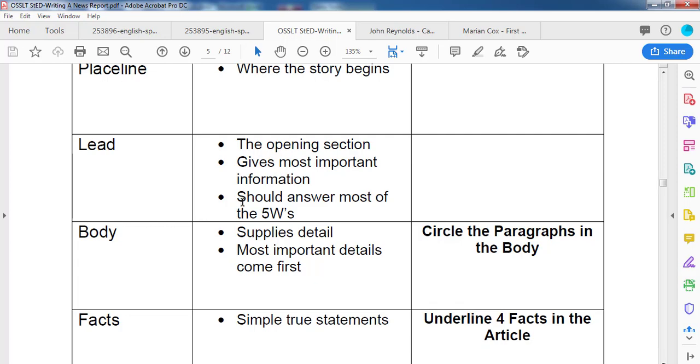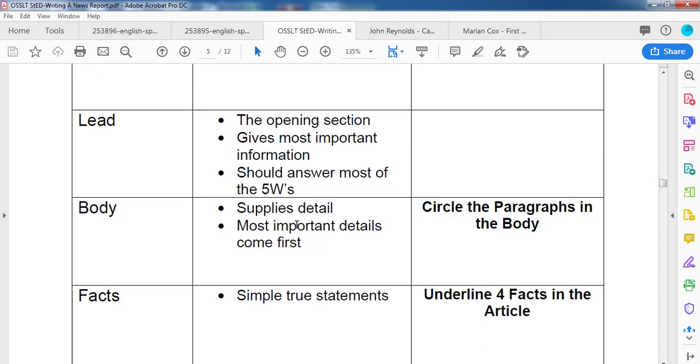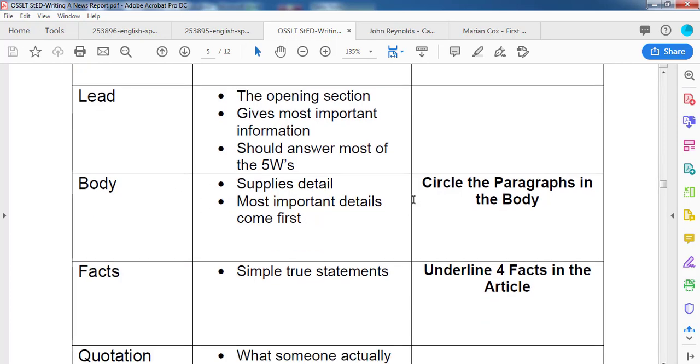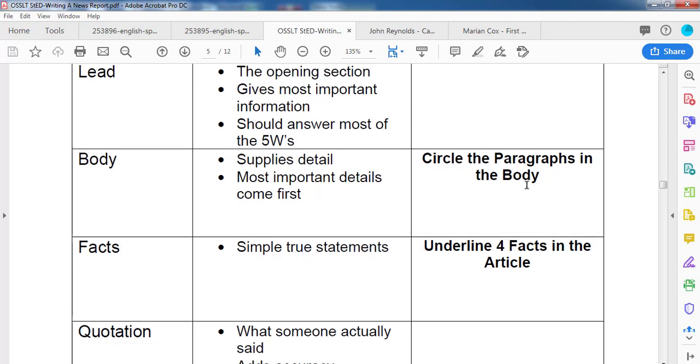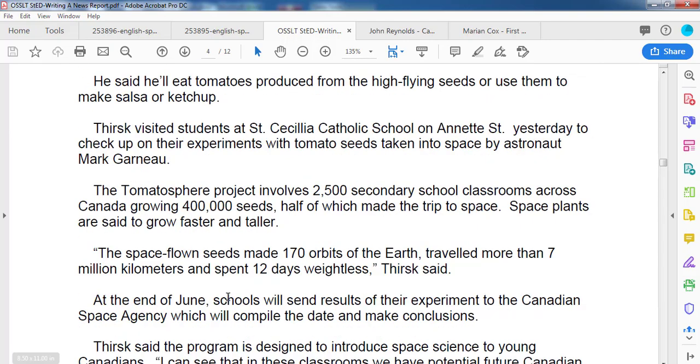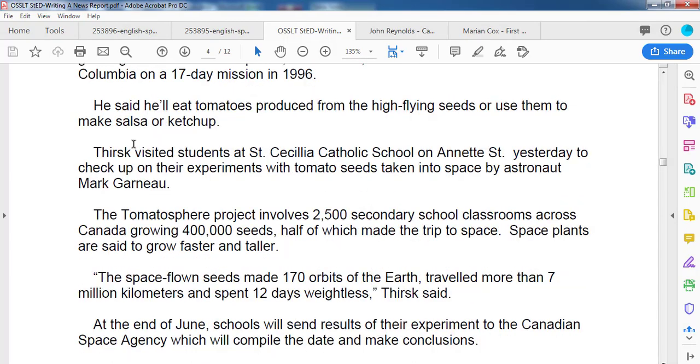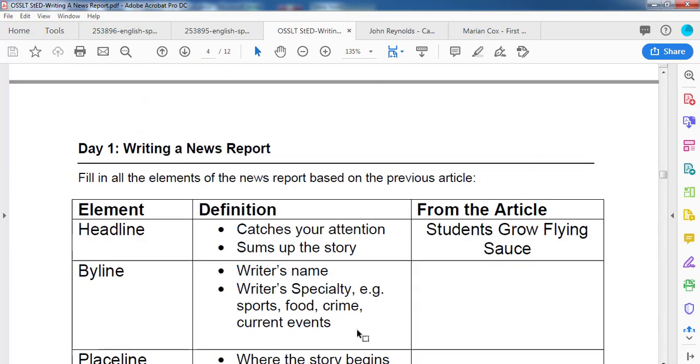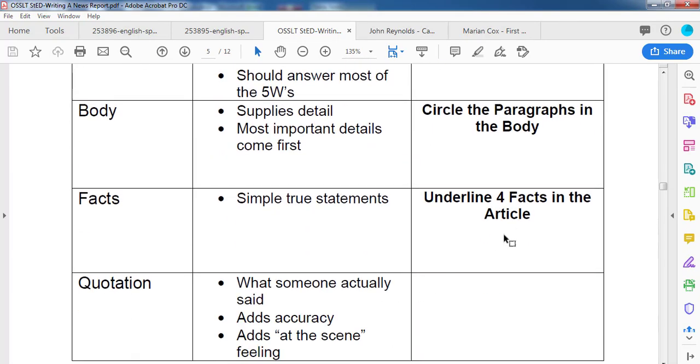Lead, the opening section, gives the most important information and should answer the WH questions. What's the body? Of course we can't write the whole paragraph here, but simply go back and circle the paragraphs of the body, circle the lead paragraph, circle the quotation, okay, underline them if you wish.